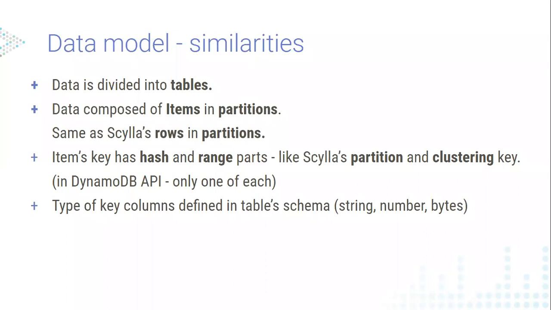And you have the hash key and the range part of the key. The key columns, the columns which are part of the key, you have to define the type in advance in a table's schema.